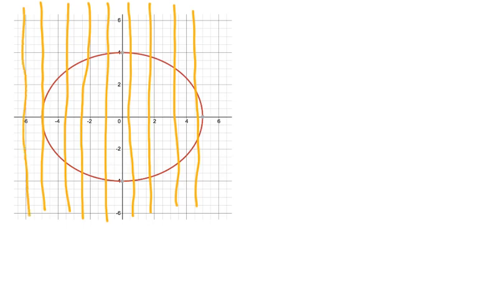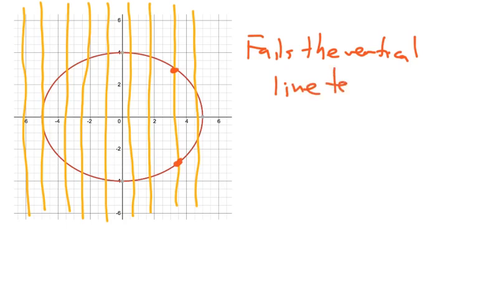But all these places where the vertical lines hit two points are points that lie right above one another, and therefore they have the same first coordinate. So we're going to say that this graph fails the vertical line test, and that means it is not a function.